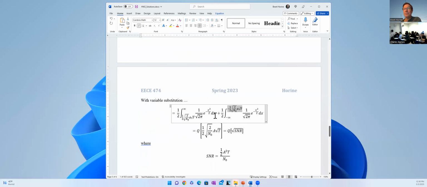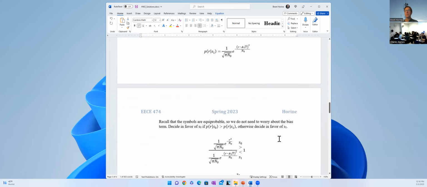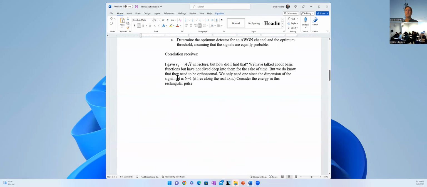Then you see that you can add these two together, and the halves cancel out, and you end up with this type of relationship here. So this looks like BPSK. So it does ask you to compare.